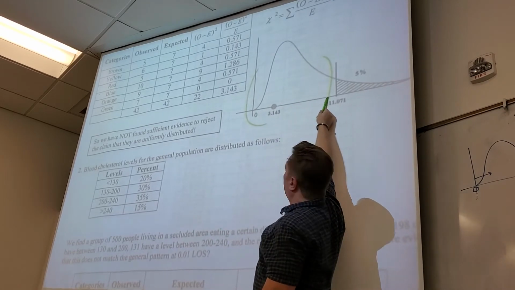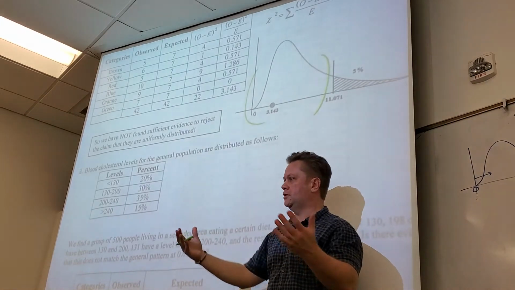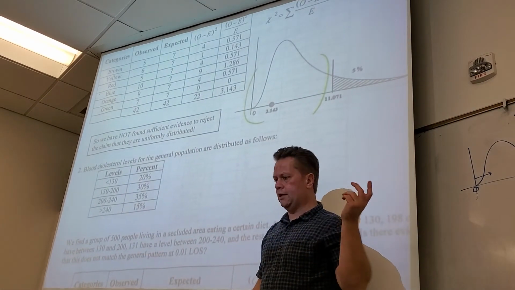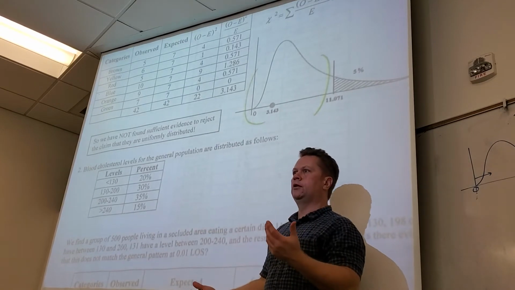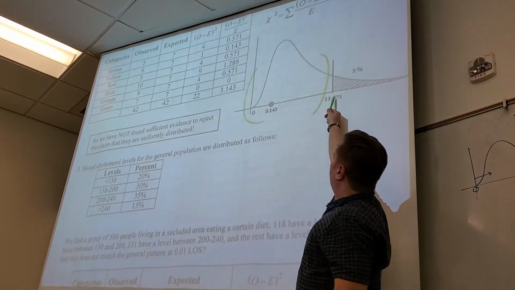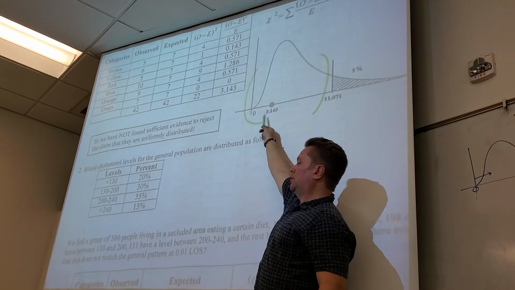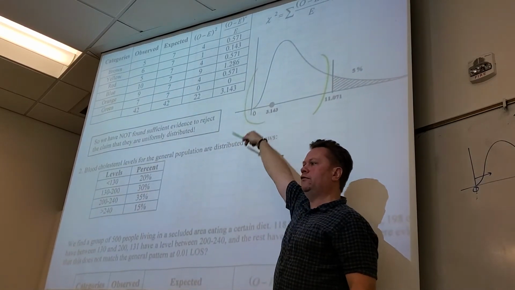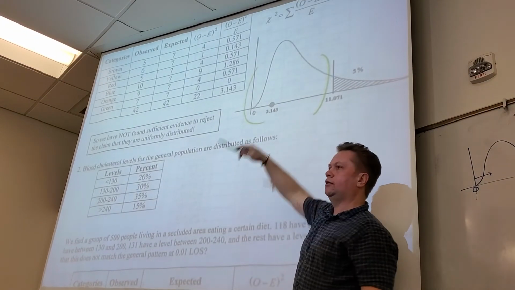Anything in here is what I also expect from just random fluctuations in samples. Just like if you flip a coin 100 times and get 46 heads, you're not going to freak out. So that's the dividing line between not freaking out and freaking out, and we only made it there. So our sample was not very far away from what we expected, therefore it's not evidence that they're not uniformly distributed.